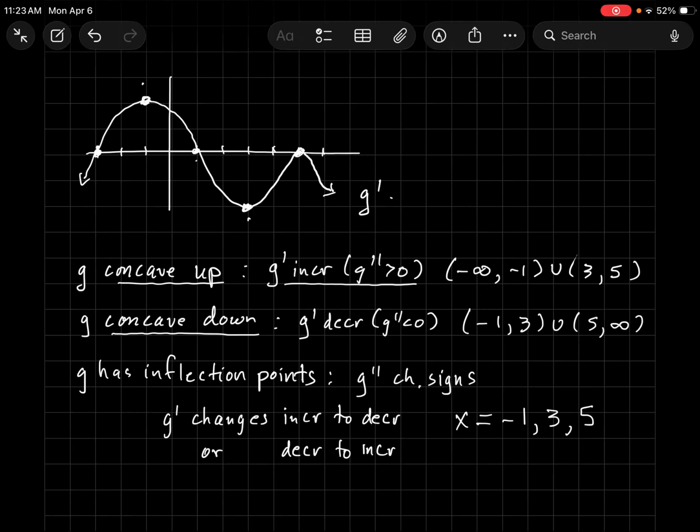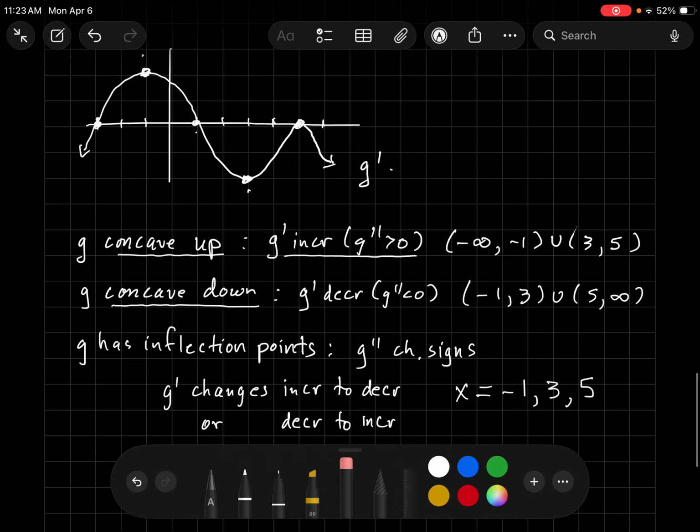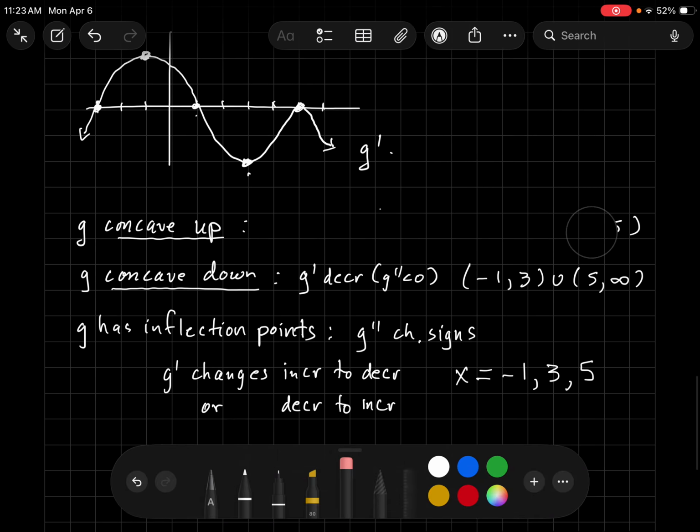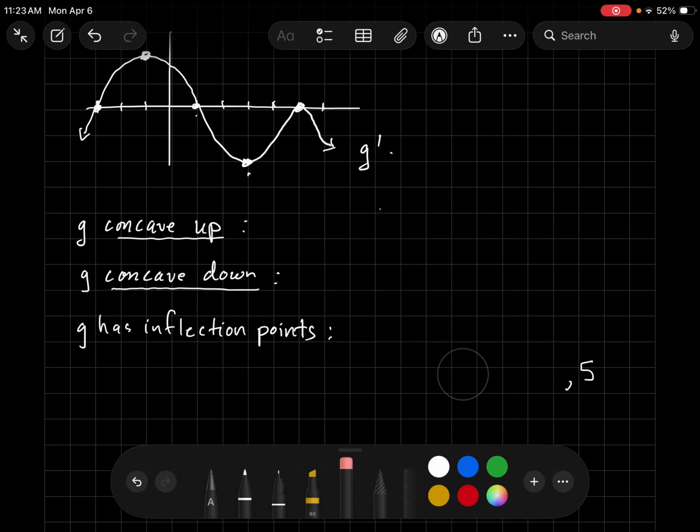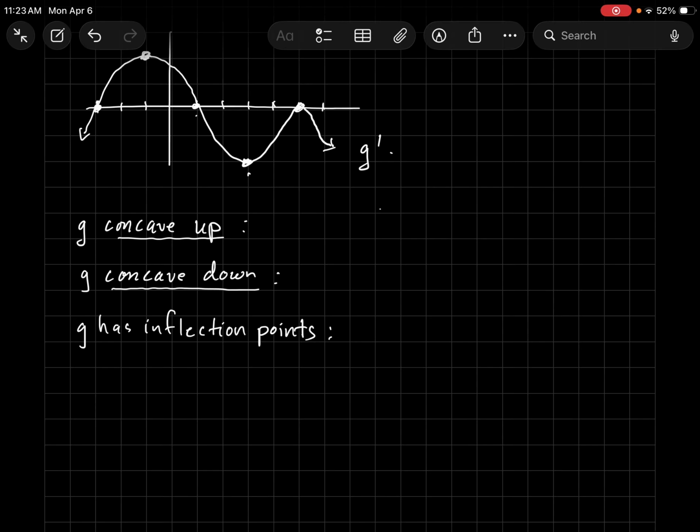Well, now let's do the same thing. Let me get rid of these answers here. We'll do the exact same thing. That is, find the exact same thing. But now let's pretend this is a graph of g double prime.